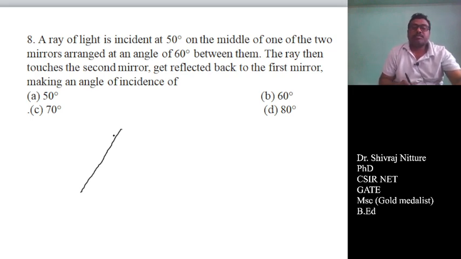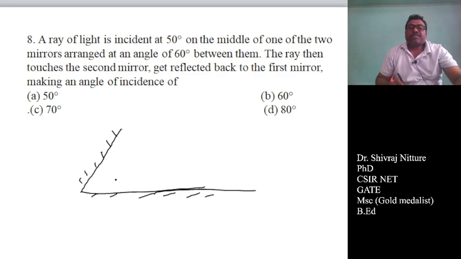Just take some extension. The ray of light is incident at an angle of 50 degree, like this. This angle is 50 degree.